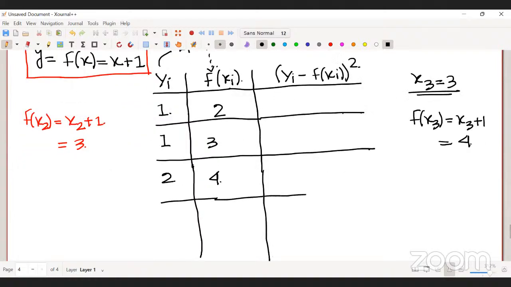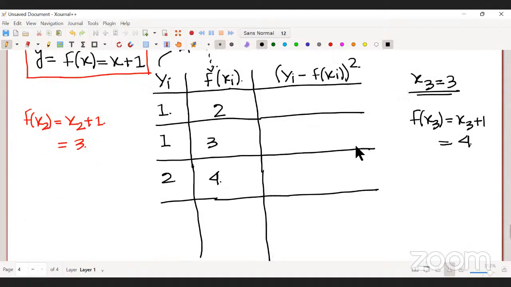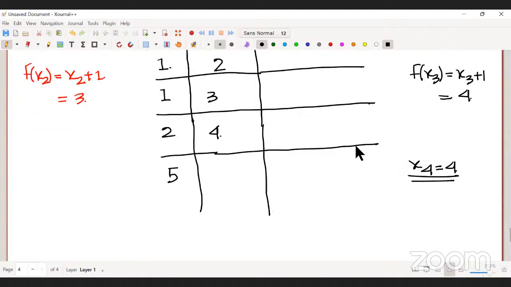The next one is x4. y4 is 5 and x4 is 4, and for this x4 I need to find f of x4, which is x4 plus 1, which is also 5.